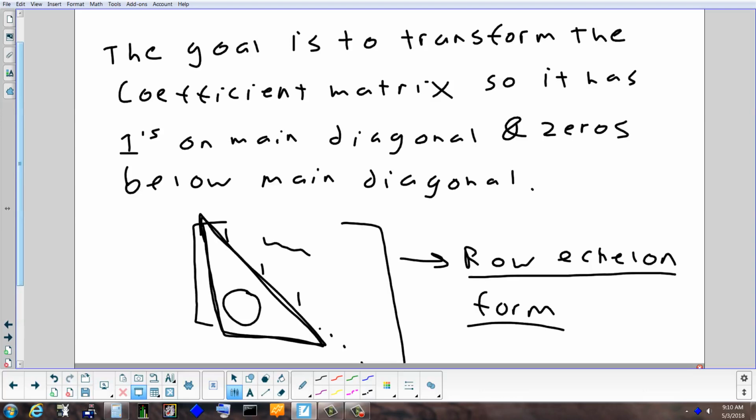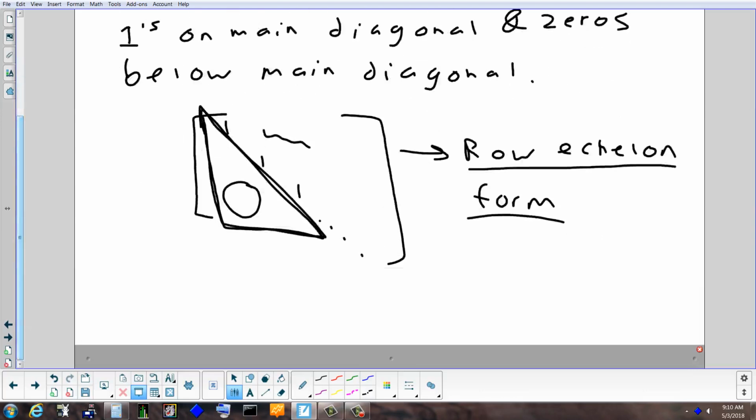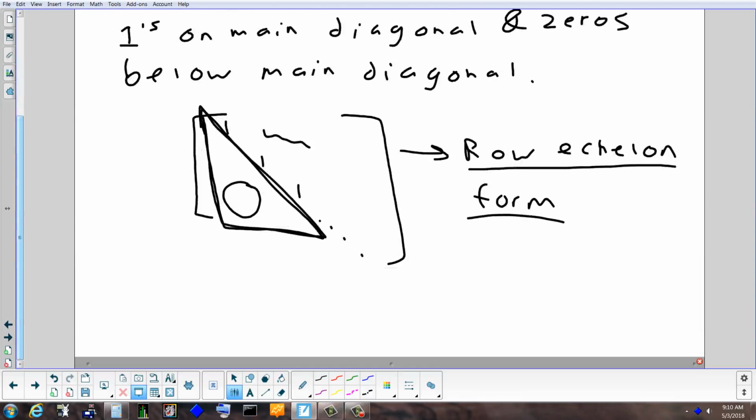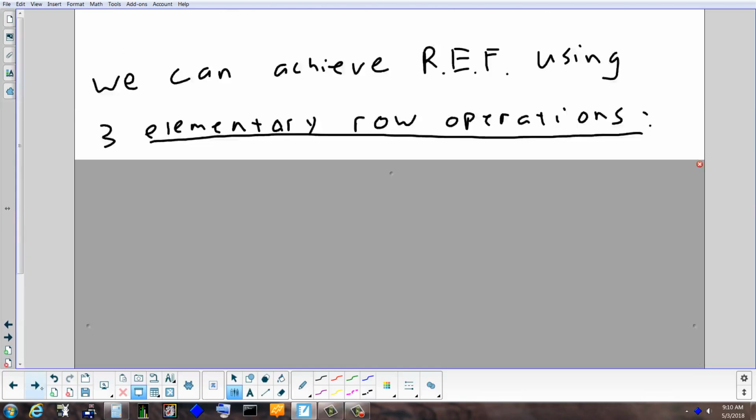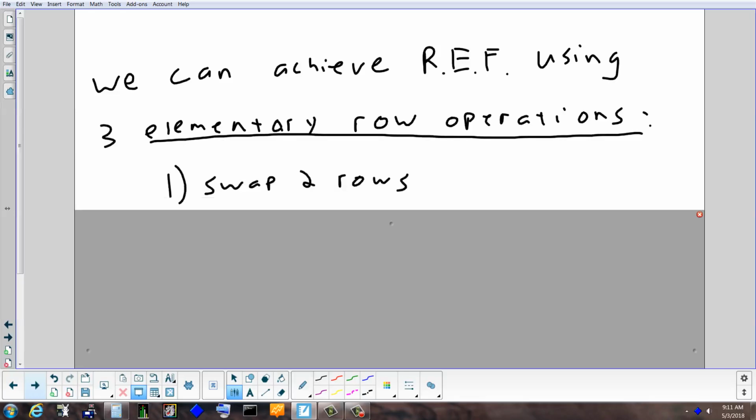All right. So to get something in row echelon form, there's certain rules you have to follow. Certain things you can do, certain things you can't do. So in order to get row echelon form, you are allowed to use what are called the elementary row operations. The first thing that you are allowed to do with any matrix is you can swap two rows.